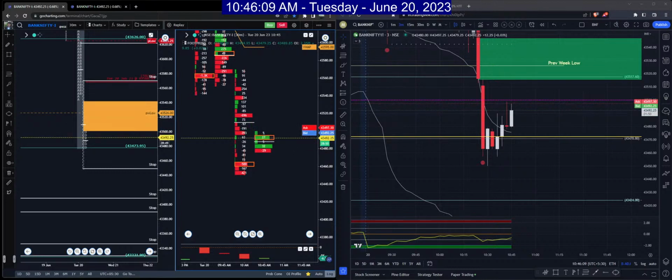As the price is reaching higher, there is a seller present. 496, 495.